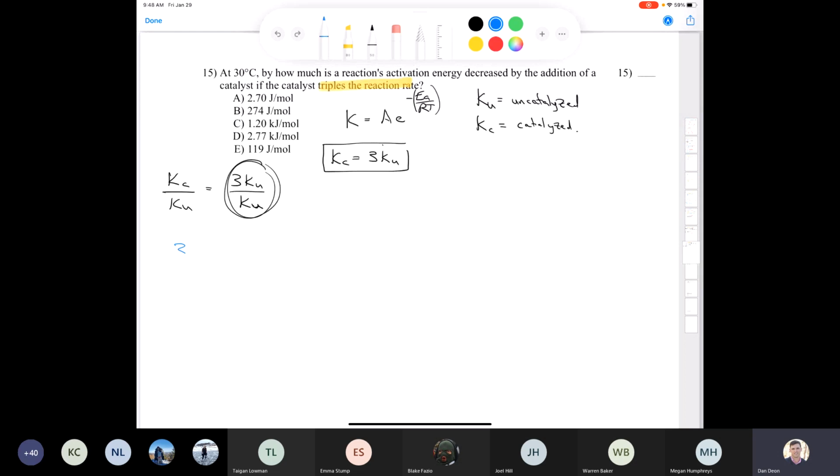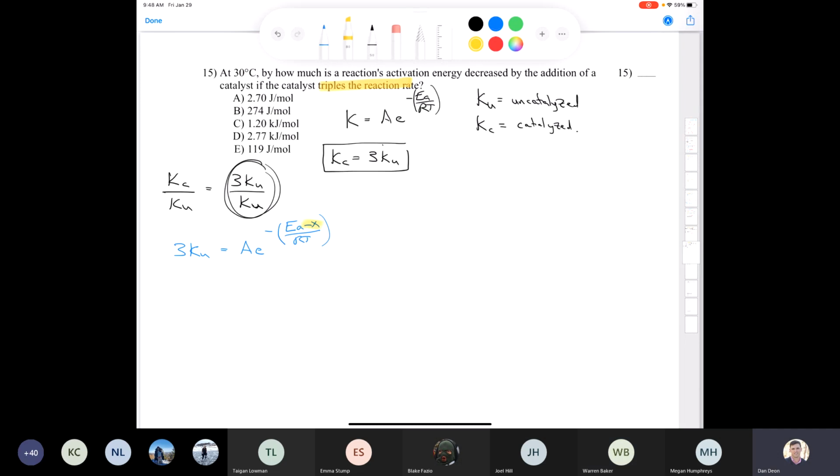I'm going to say that 3Ku, 3 times the uncatalyzed reaction, or the catalyzed reaction, is going to be equal to the collision factor to the power of negative EA minus X over RT. Now, you're probably wondering, what is the minus X?